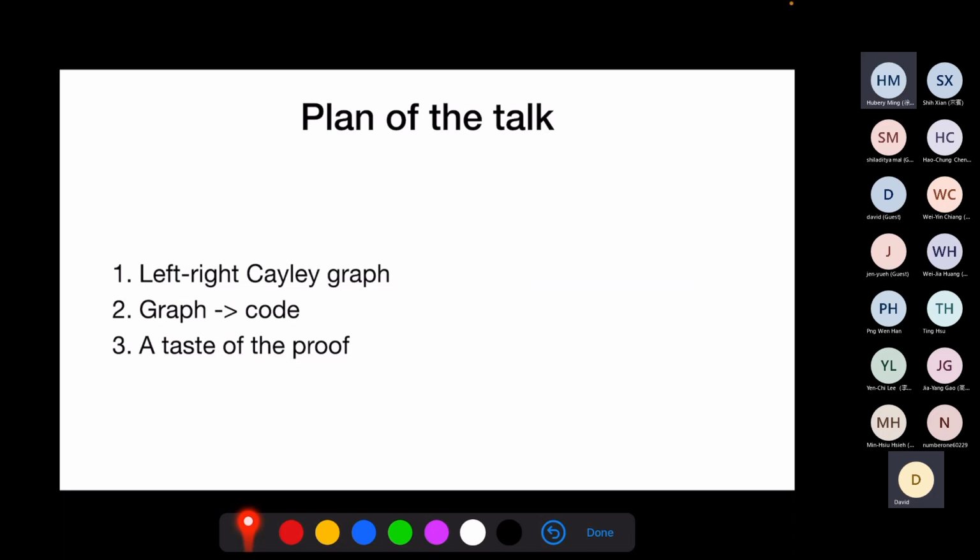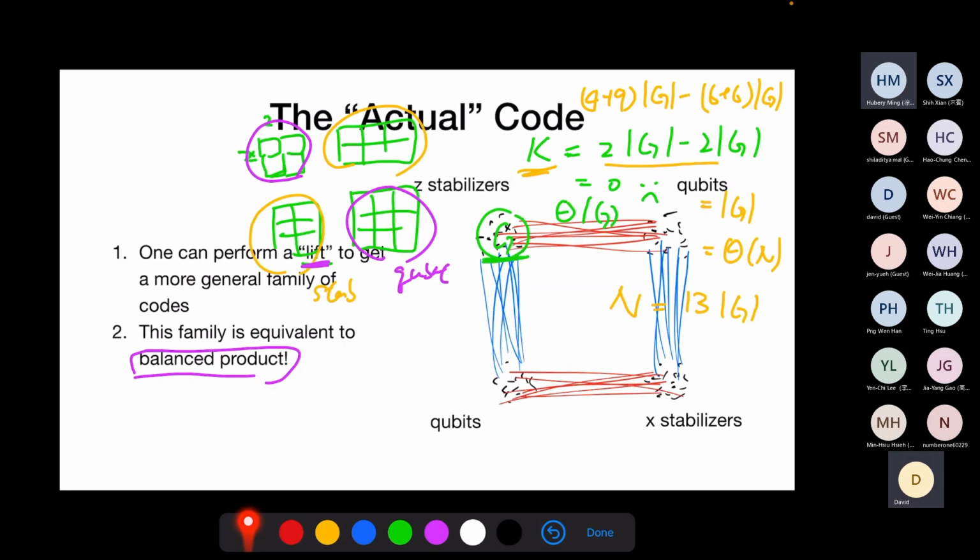Sorry, before you go on, can you explain: is the square that you drew 2 times 2 or 2 times 3 or 3 times 3? Are they just copies of the elements in G? Yes, pretty similar.